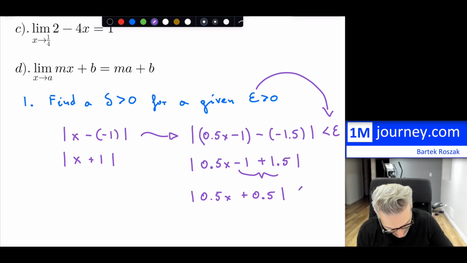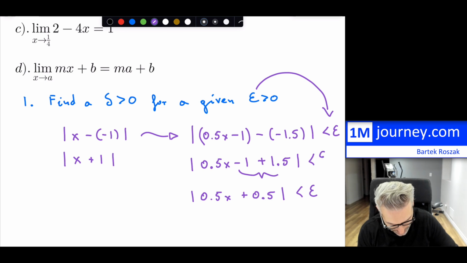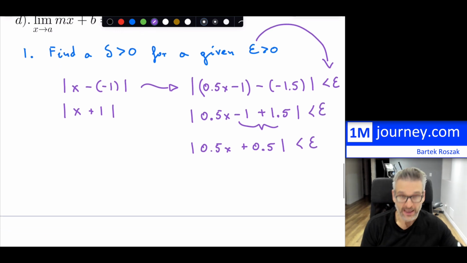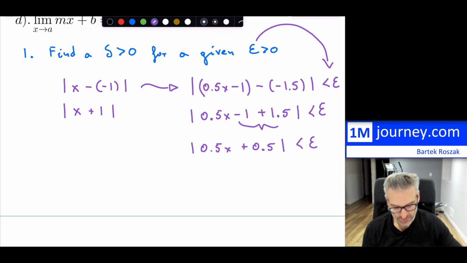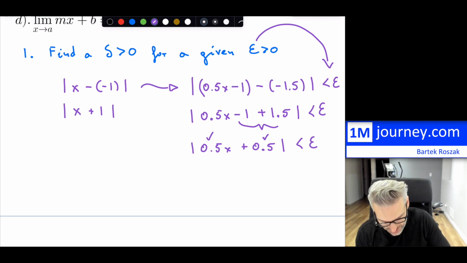And this, again, still has to be less than epsilon. So as you're going through, you can certainly write these in. Now, notice what happens: this and this have the same factor, 0.5. So I'm going to take the 0.5 out of here, and what I'm going to have remaining is x plus 1.